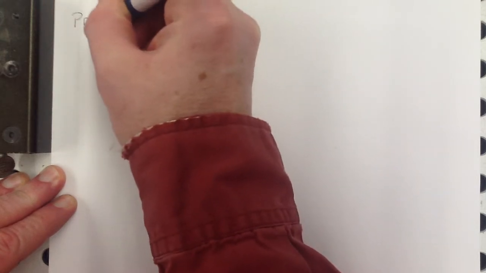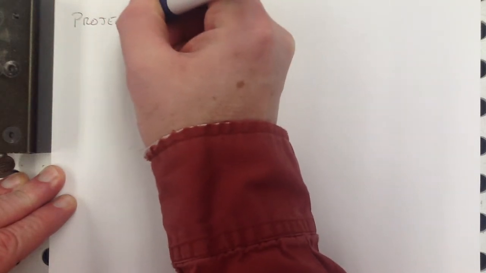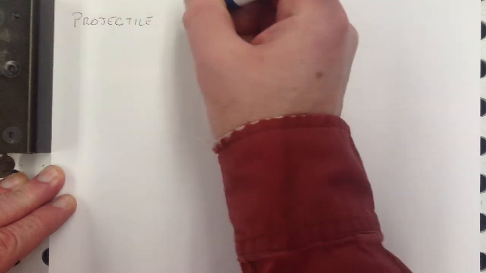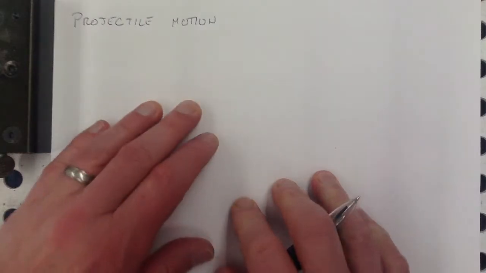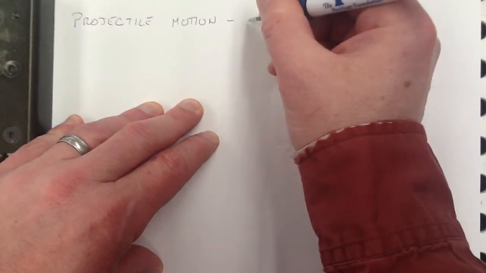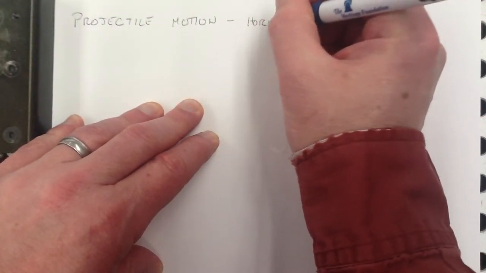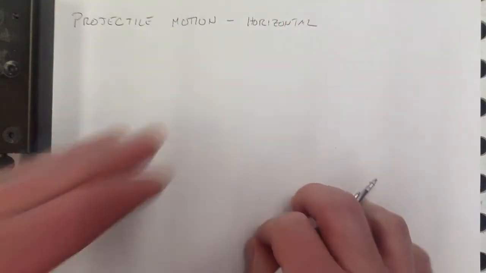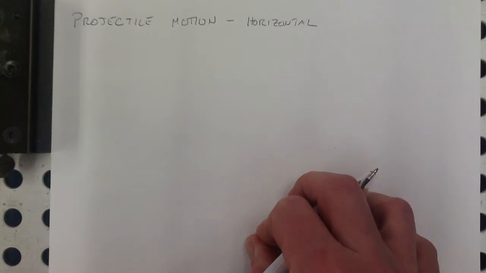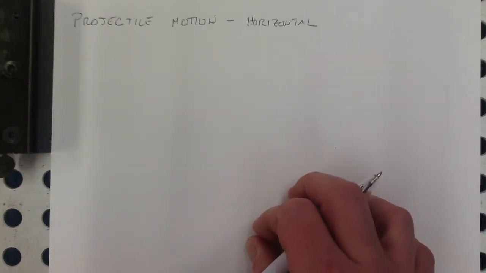I'm going to talk to you about projectile motion, but in particular, we're going to talk about things that are launched horizontally. So you could imagine, like, if you rolled a tennis ball across a table and then it fell off the table, as it takes off from the table, it's going horizontally.